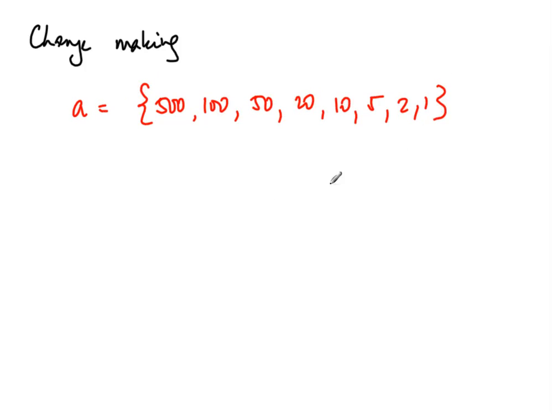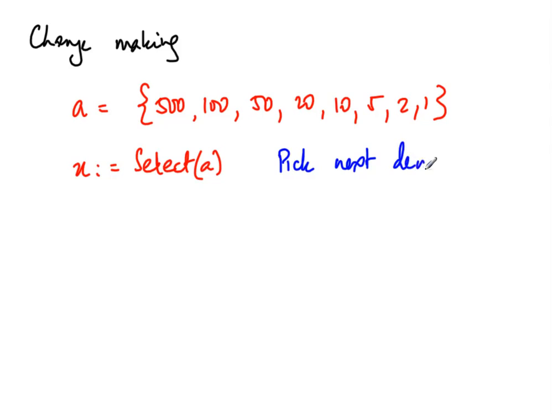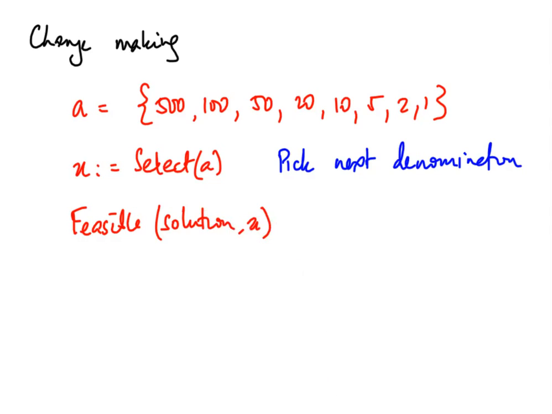And now this step X equal to select A is to pick the next denomination. And then this test of whether feasible solution of X is true is if the denomination is less than or equal to the current balance.